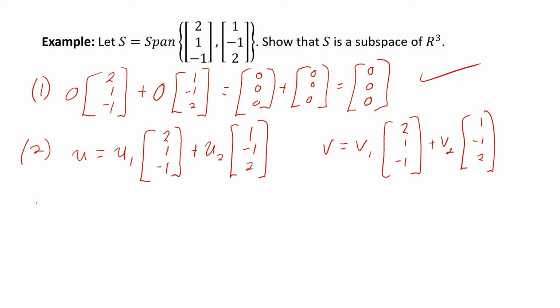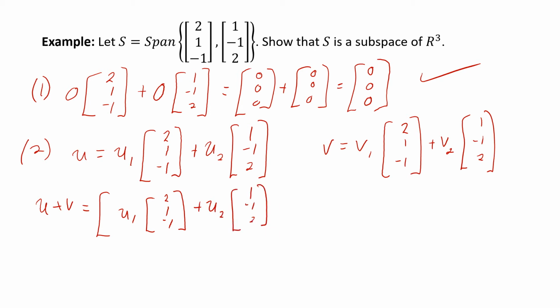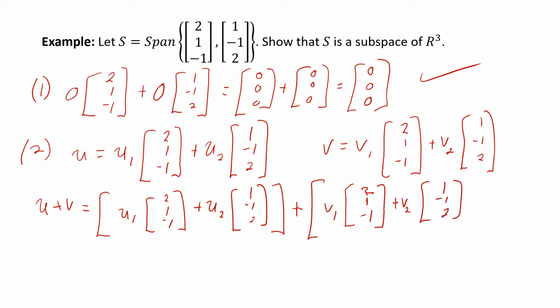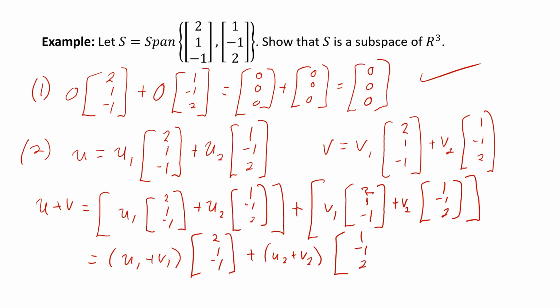So what happens? What's u plus v? Well, u plus v is u1 times our first vector plus u2 times our second vector plus v1 times our first vector plus v2 times our second vector. But now note we can take these things and rearrange them. That's u1 plus v1 times our first vector plus u2 plus v2 times our second vector.